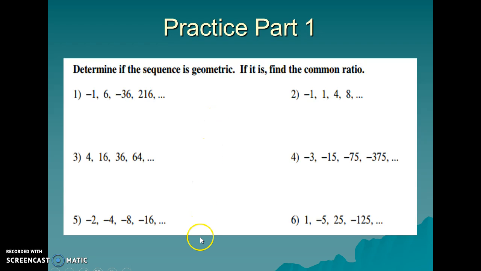So, do this practice. Pause it for a little bit while you copy it down and do the problems.